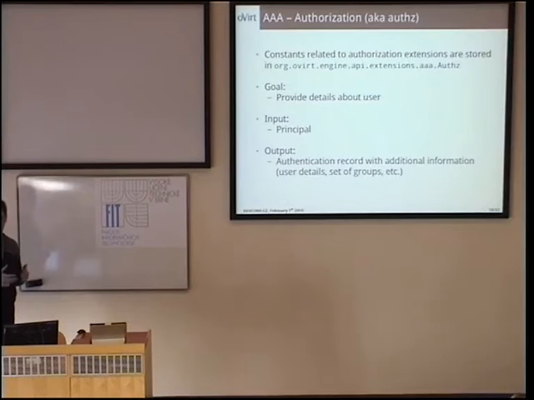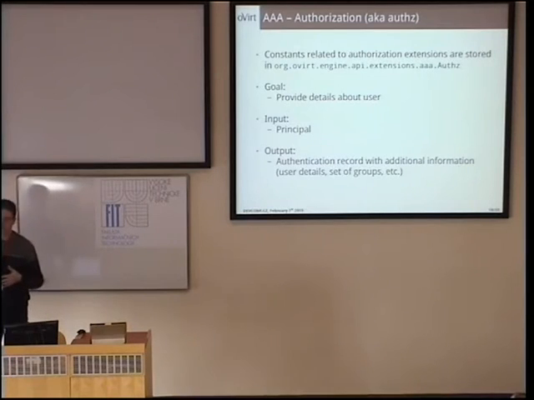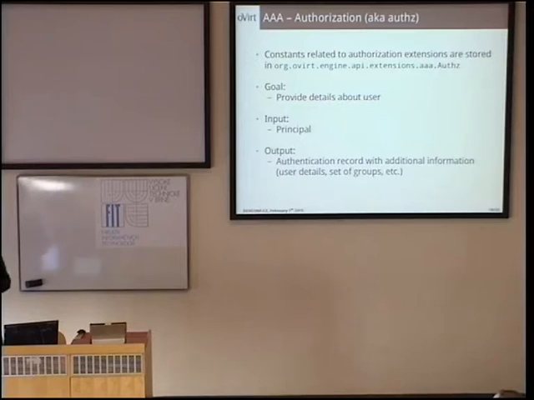The input of the authorization phase is a principal, and the output is, I would say, an extended authentication record with other details like user real name, the set of groups that the user belongs to, and other information that is provided.